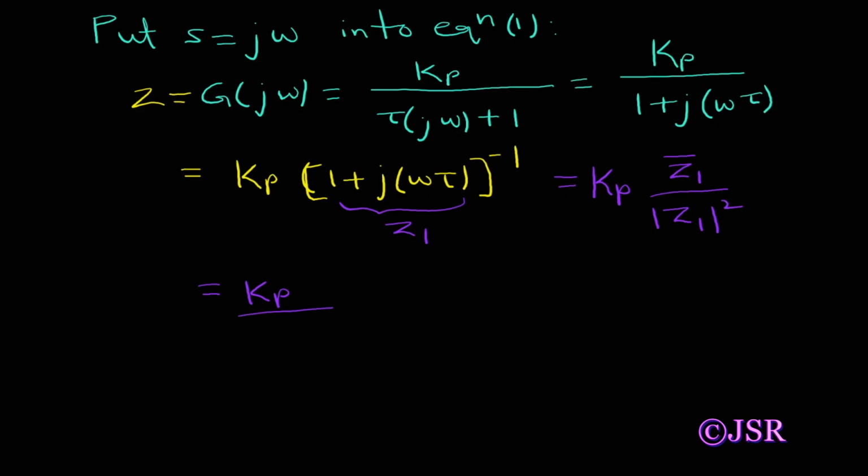So this will be 1 square plus omega tau whole square, and z1 conjugate will be 1 minus j omega tau.